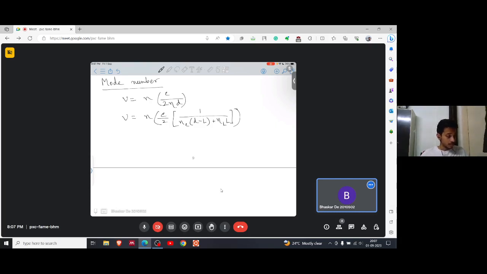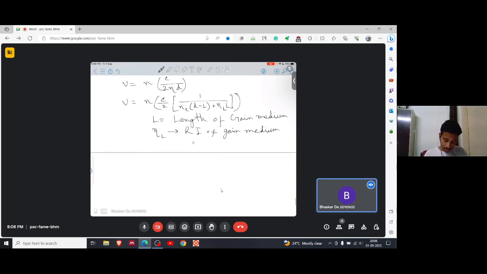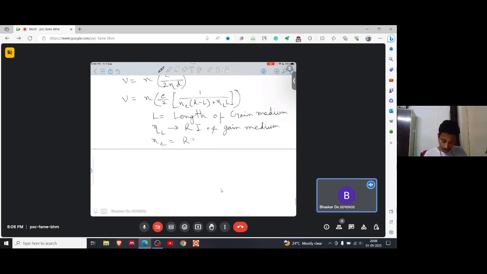So l is the length of the gain medium, eta l is the refractive index of the gain medium, and eta c is equal to the refractive index of the space.